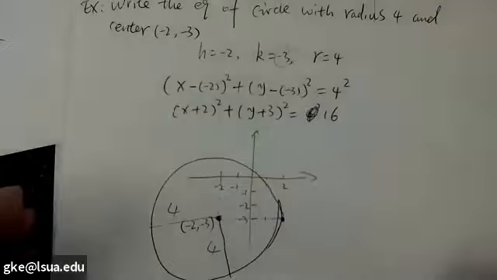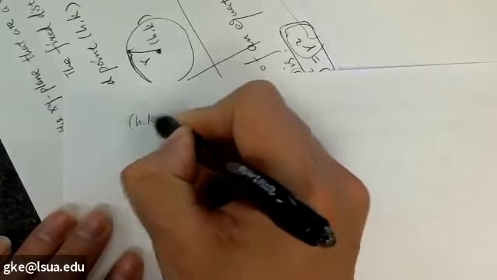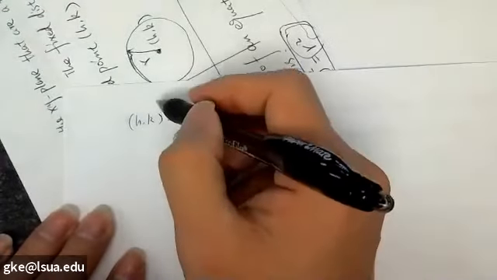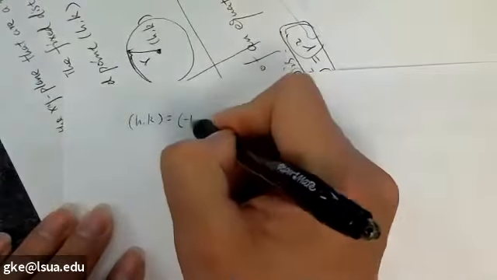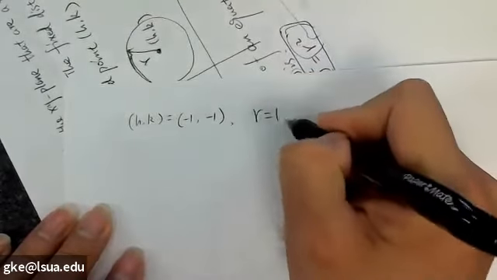Now, the last one, and I wish everybody gonna make it this time. So now I give you the h, k that is -1 and then -1. r equals 1.